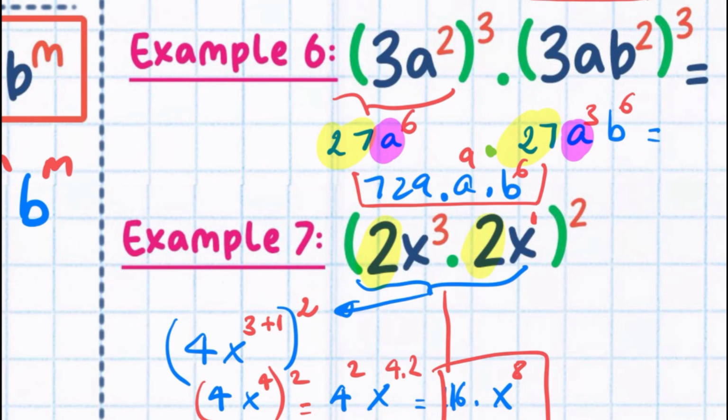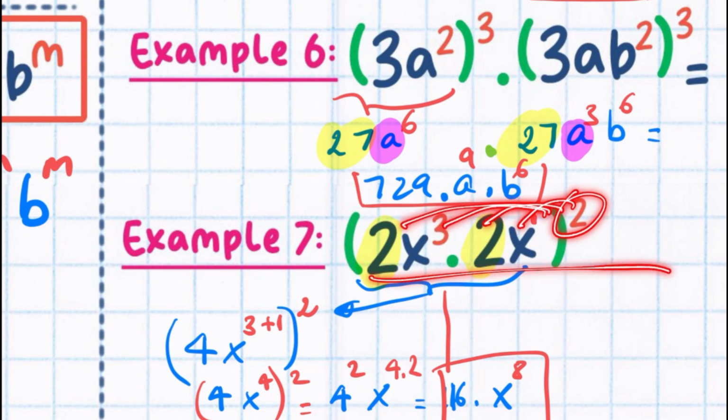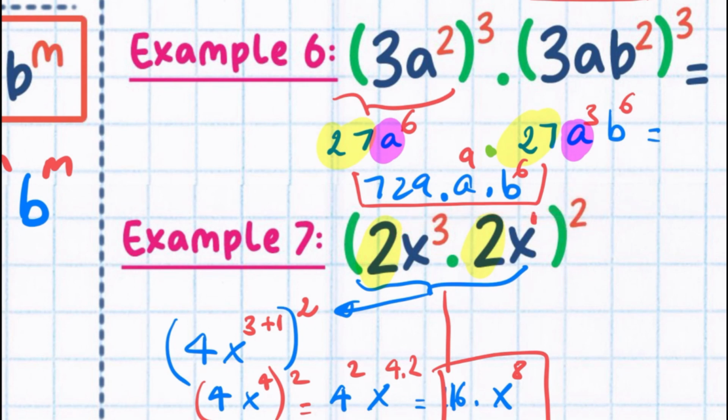The other way to do it is to distribute the exponent of 2 to every single one of them, which could be a little bit longer. 2 to the power of 2 is 4, times x to the power of 3 is x, 3 times 2, times 2 to the power of 2 again is 4, times 2 times 1 for my x, 2.